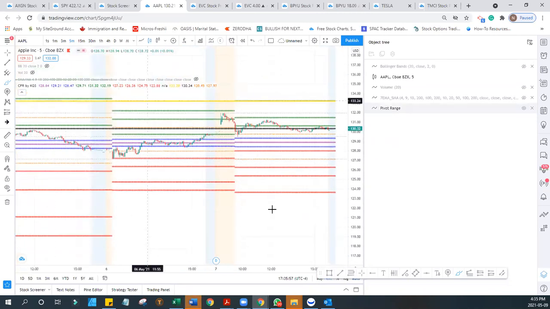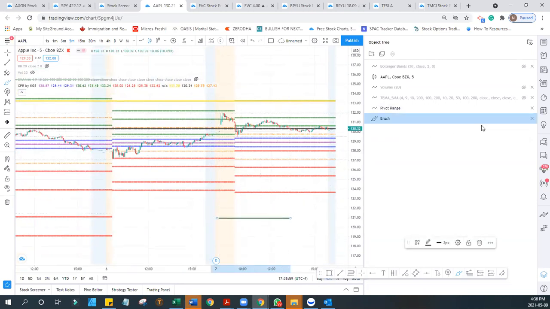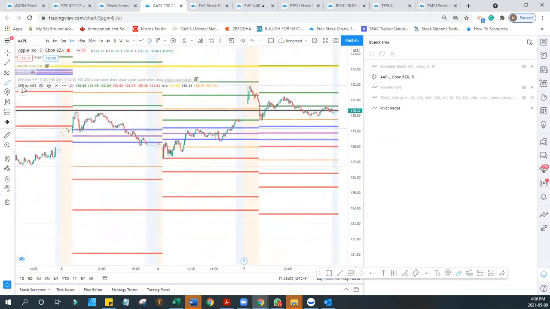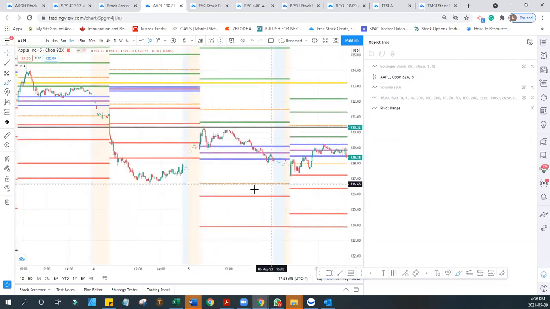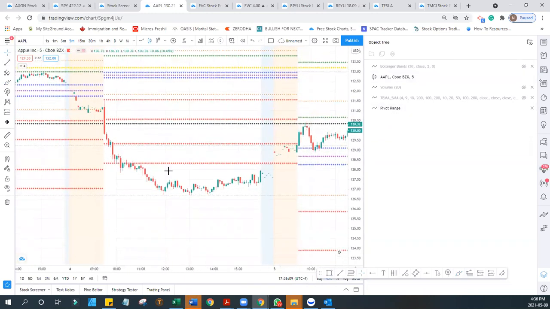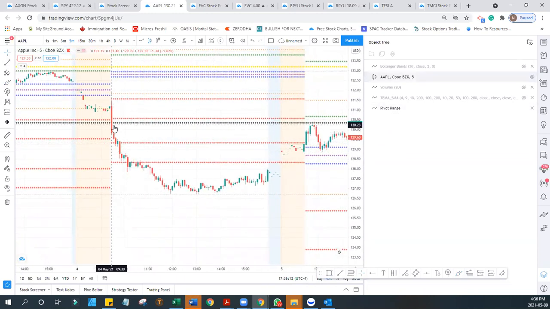Now the thing is for Apple, sometimes it goes sideways. But if you see here, if it breaks the monthly CPR, that means it's going to go down.